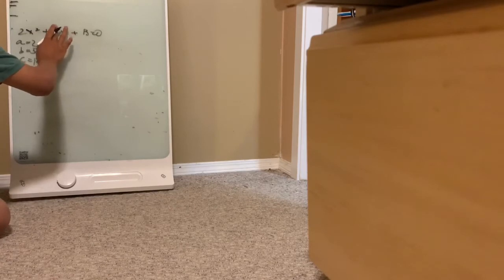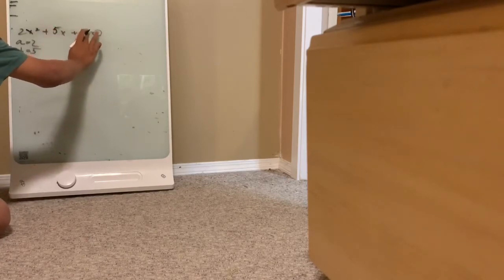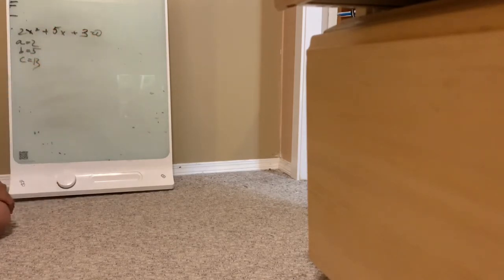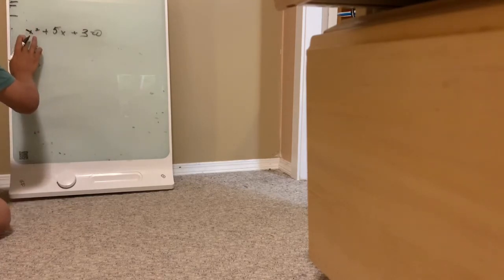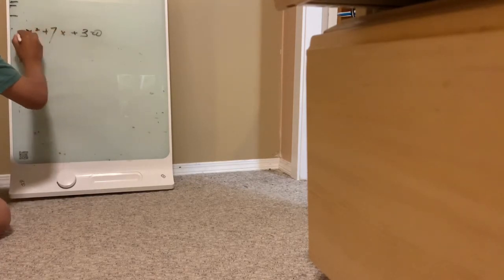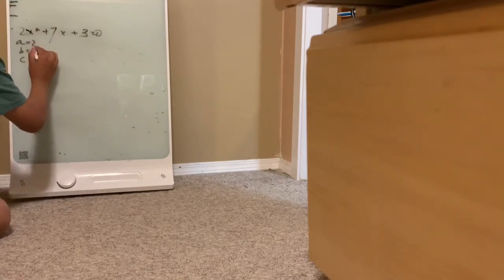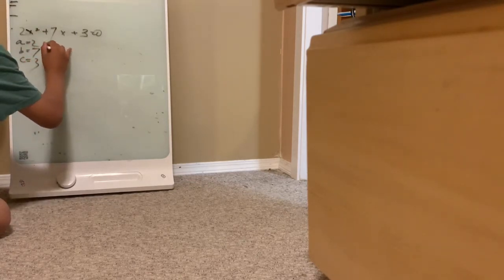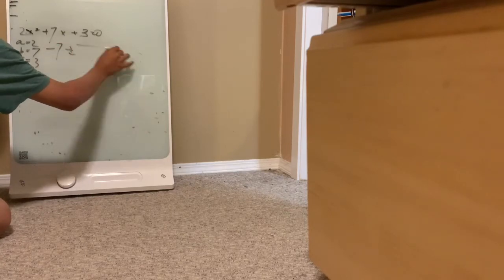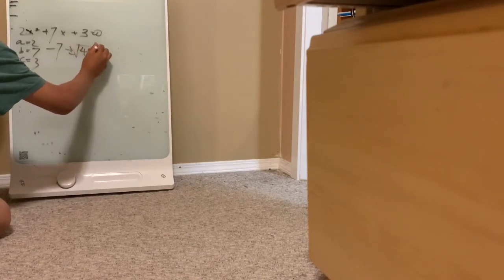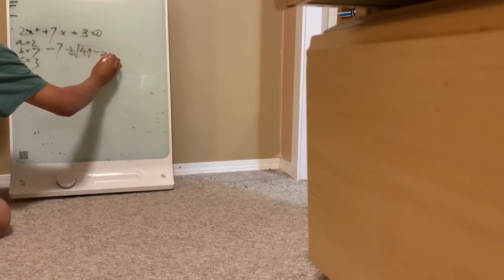So let's make an example again. So what if we change it to this? Plus b squared minus 4ac. Okay. So we change this into this. Let's see the solution. So it's negative b plus or minus the square root of b squared 49 minus 4ac 24.